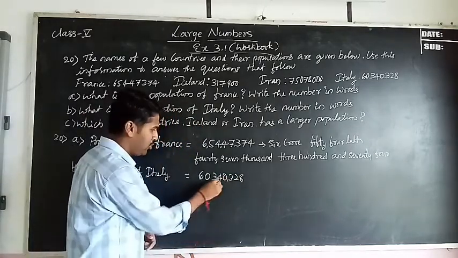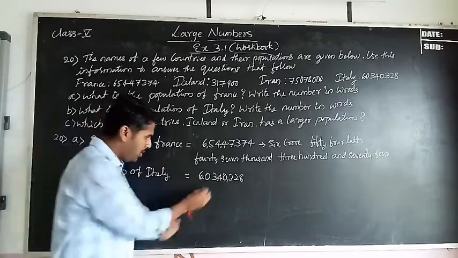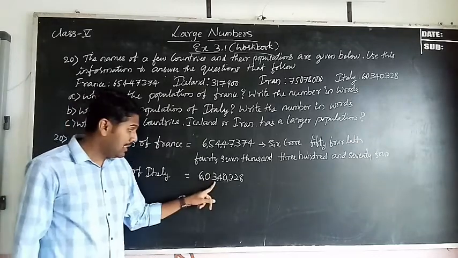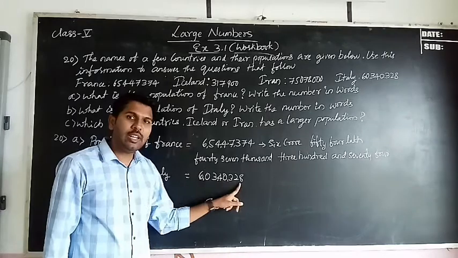3, 2, 2. So what is this number? 6 crore, 3 lakh, 40,328.